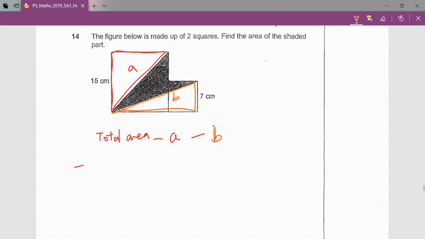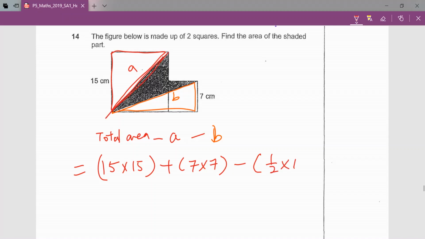So that is what? It's gonna be 15 times 15 because it's a square, right? Plus 7 times 7 because it's a square, right? Minus A. A is going to be half, it's a diagonal here, so it's half times 15 times 15.